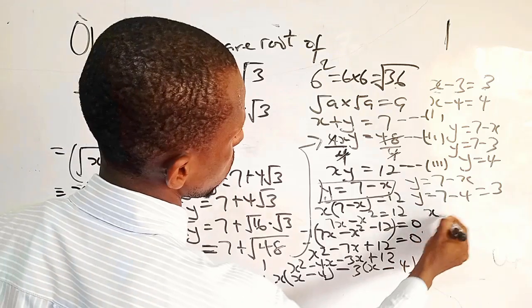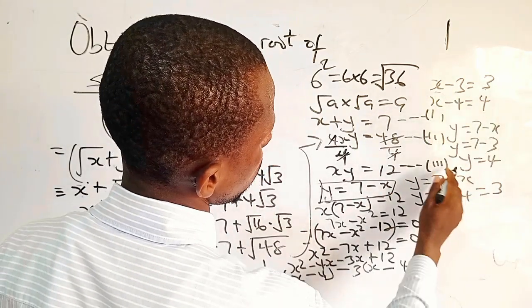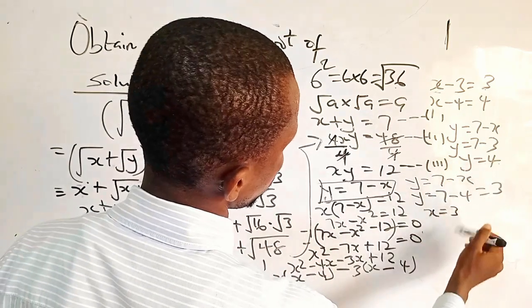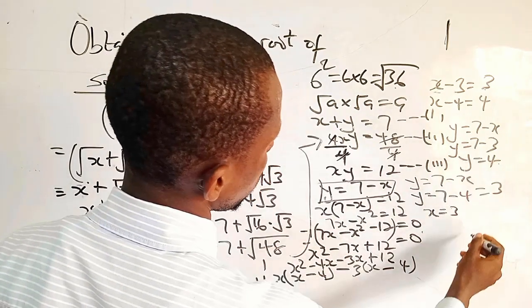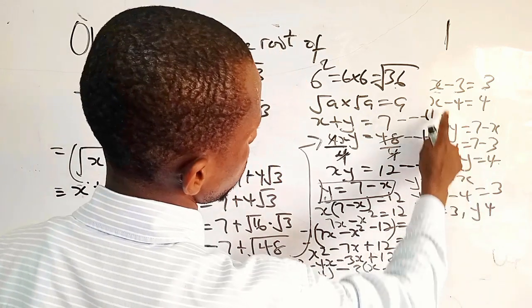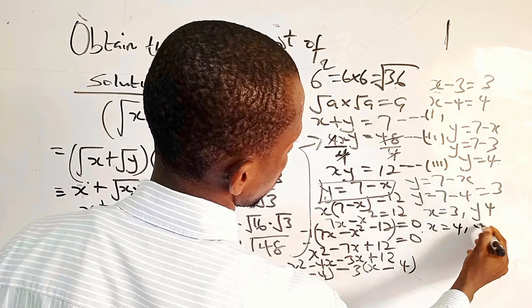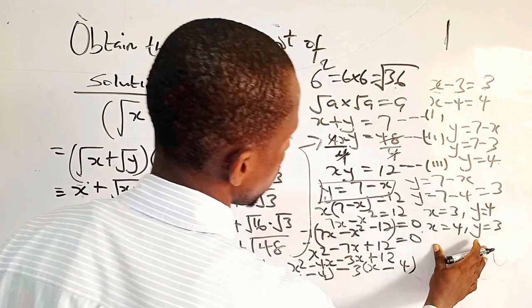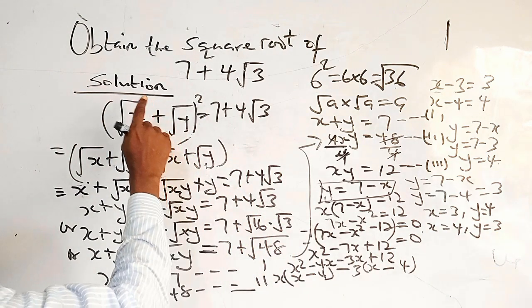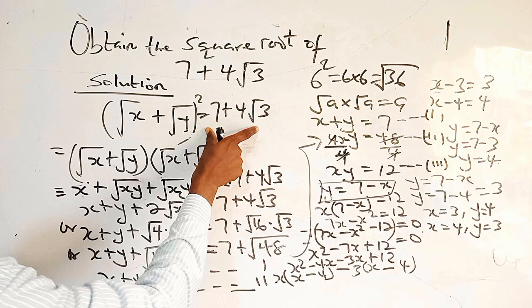So when x is 3, y is 4, and when x is 4, y is 3.